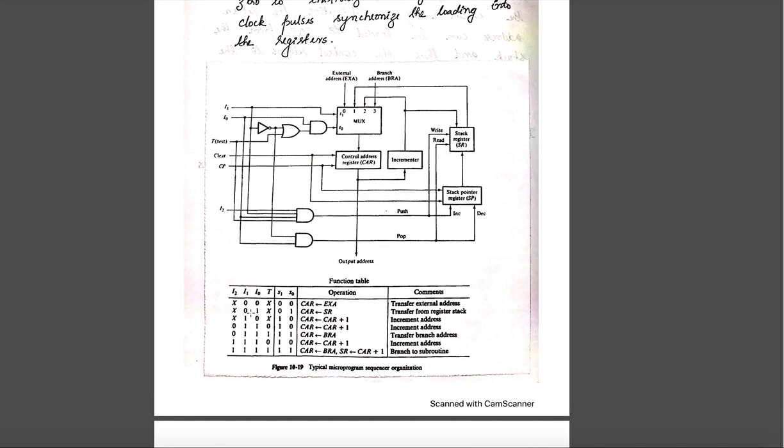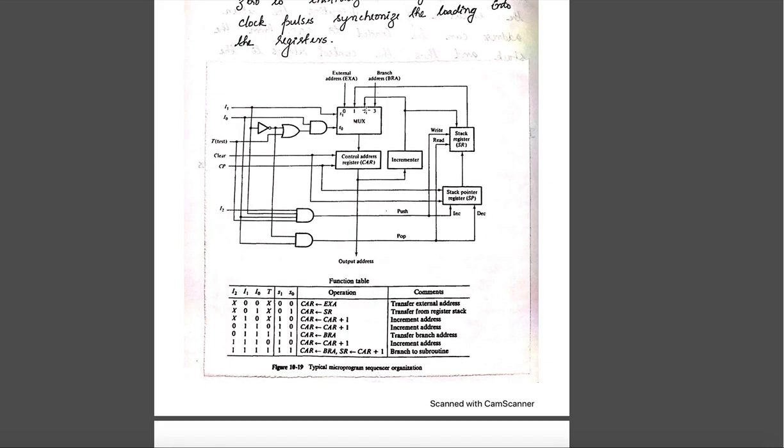In the first case, I1 and I0 are 0 0, and I2 and T are don't care, that is, whatever the values of I2 and the test bit, it is not dependent on them. In that case, the value that appears at S1 and S0 is 0 0.